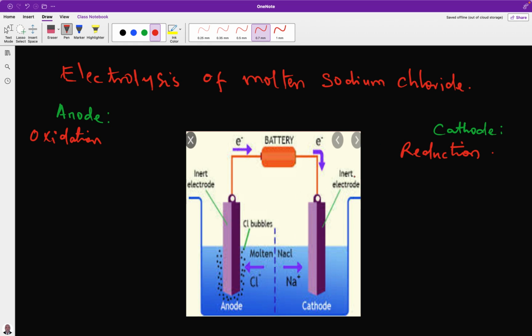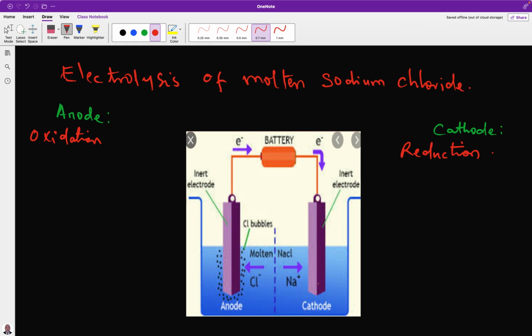The cations will move to the negatively charged electrode, which is the cathode, and the anions will move to the positively charged electrode, which is the anode.